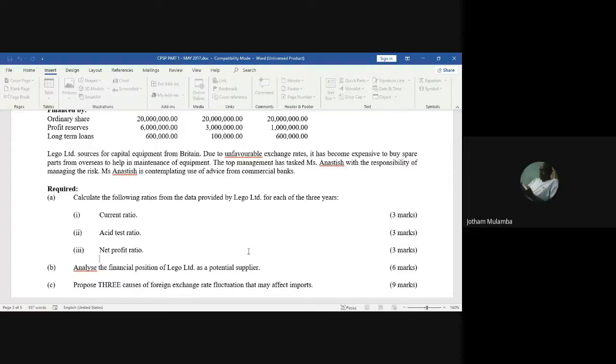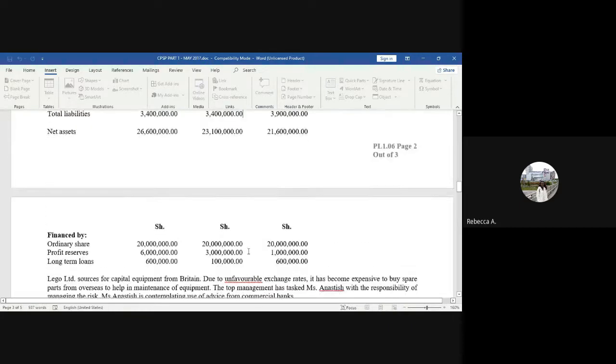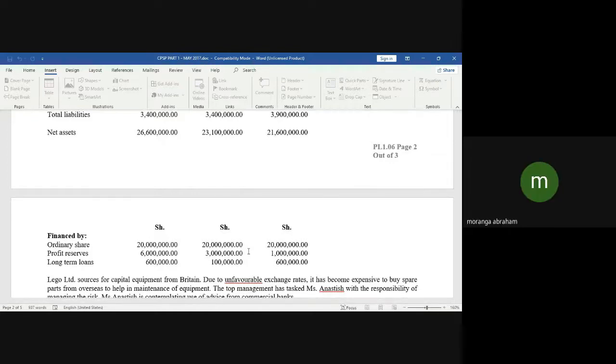Let's check on net profit ratio. For net profit ratio, we get net profit after tax and we divide by sales. Rebecca, kindly mute.